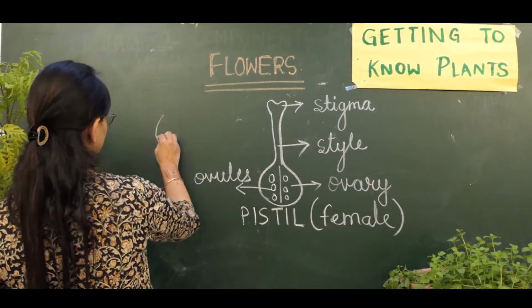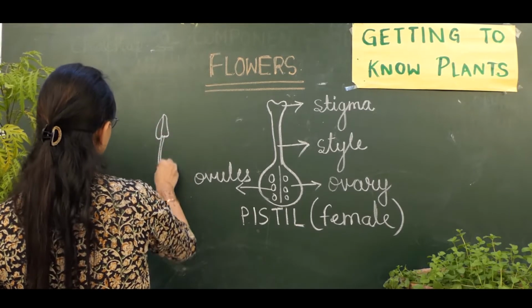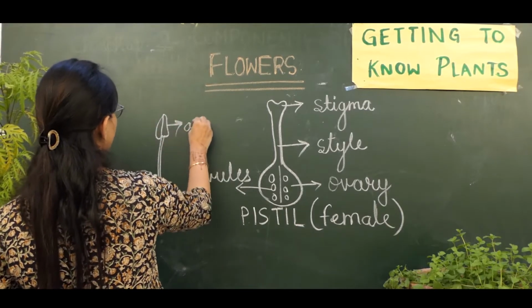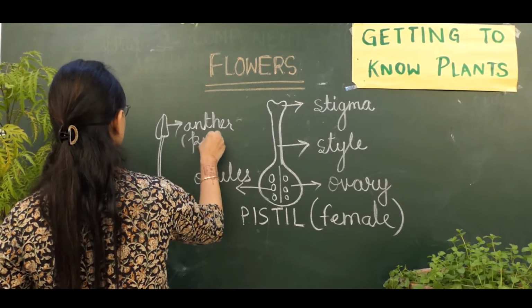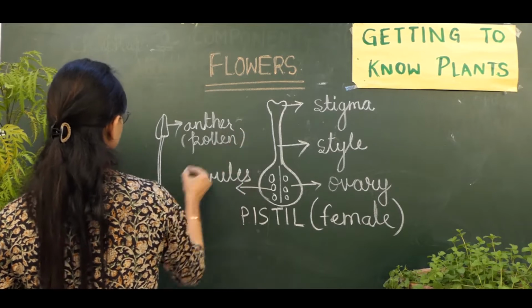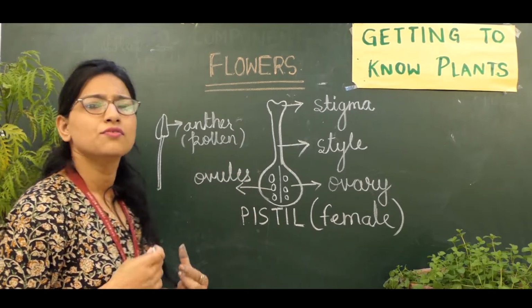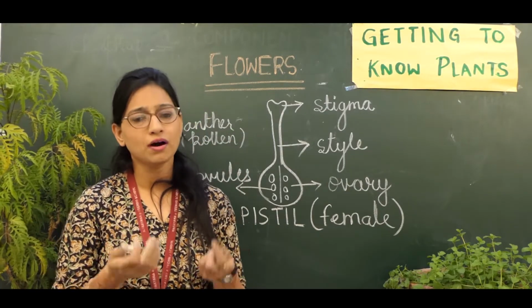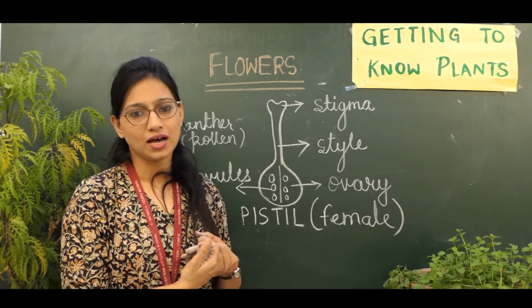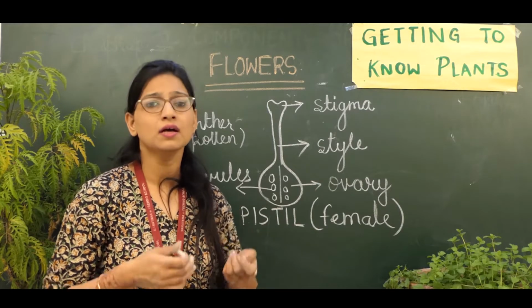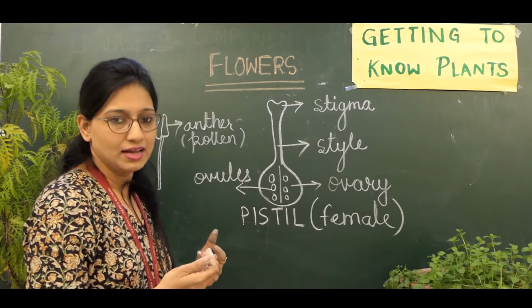There is a stamen, as we all know, right? The male, which has pollen grains inside it. And due to the wind, due to the birds, due to butterflies which come to drink the juice of this flower, due to the insects and bees and the wind, as I said.